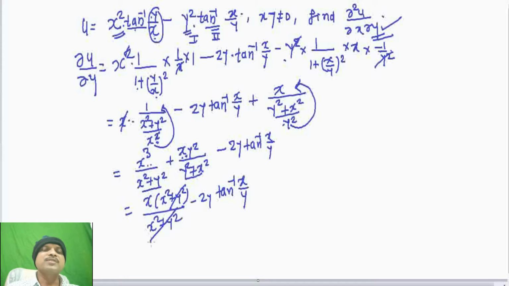X square plus y square, x square plus y square will be cancelled and we get x minus 2y into tan inverse of x divided by y. So this is the derivative of u with respect to y.